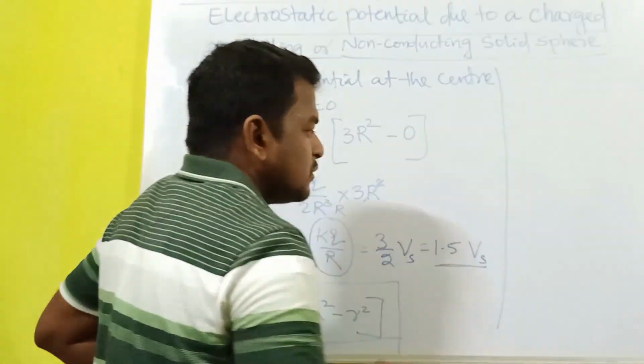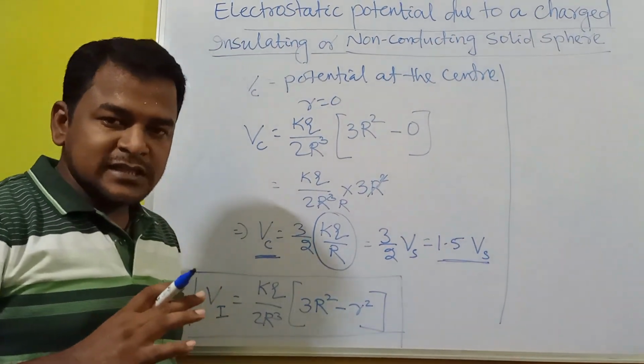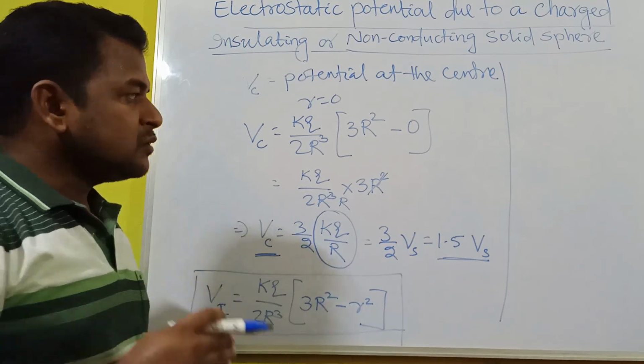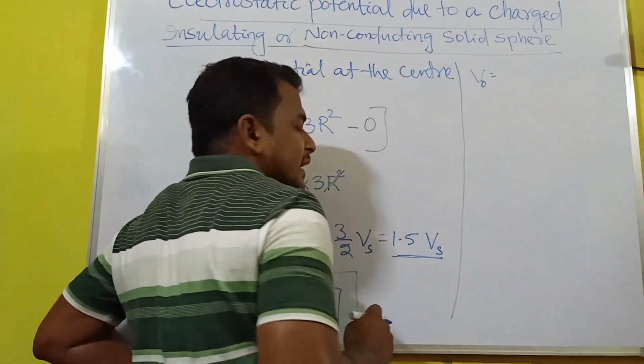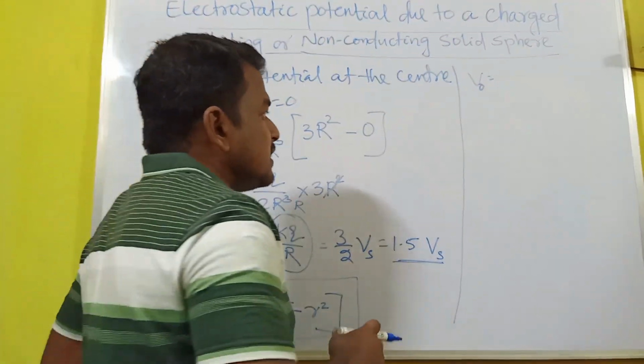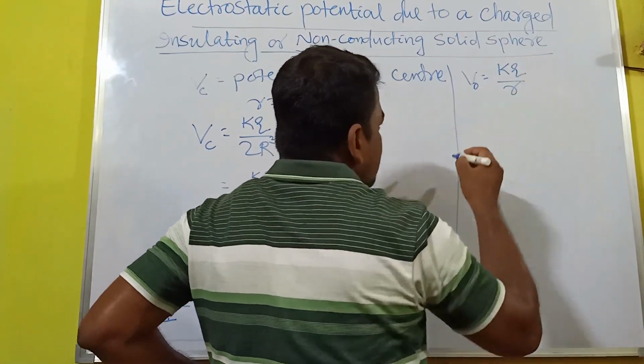Now we have derived the expressions for all the potentials at different points. Potential at a point outside is how much? kq upon small r.